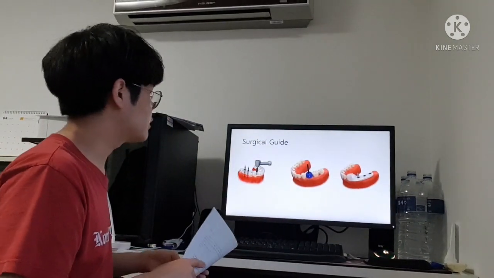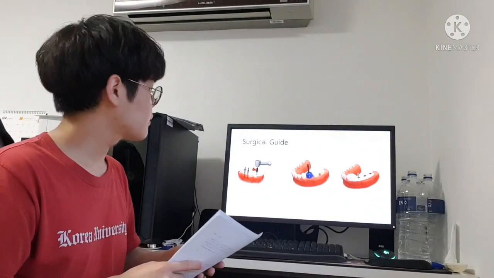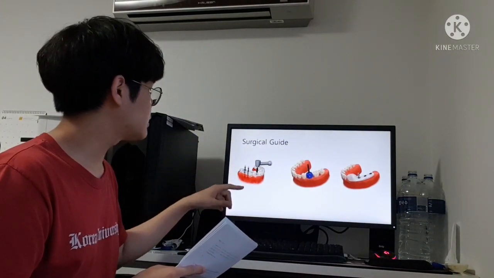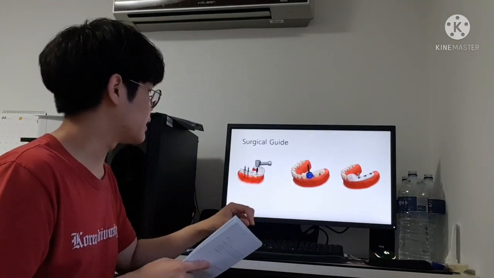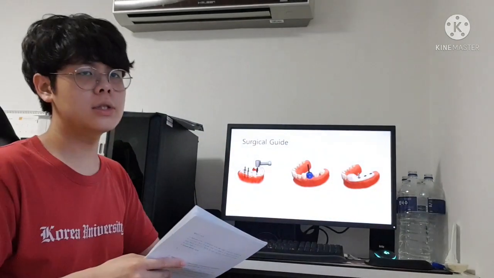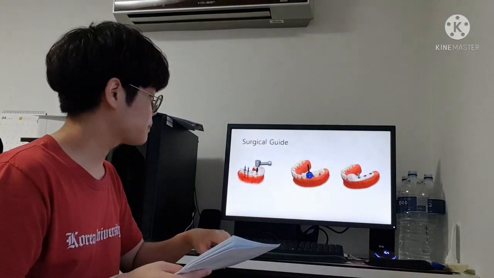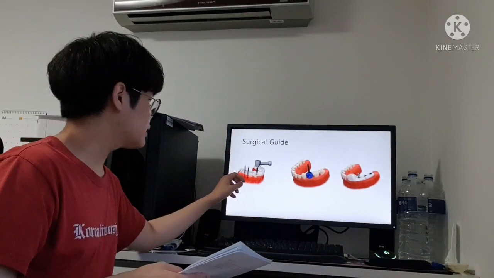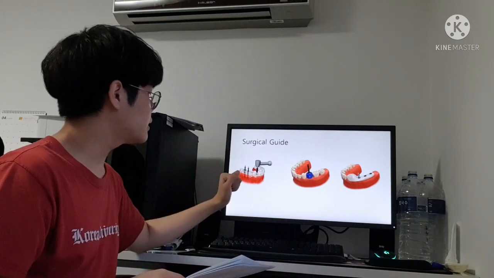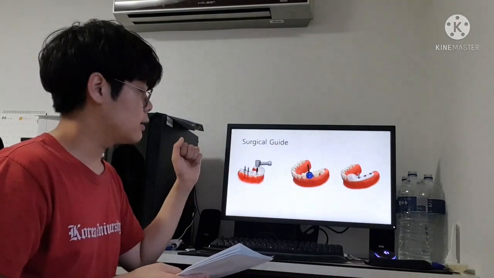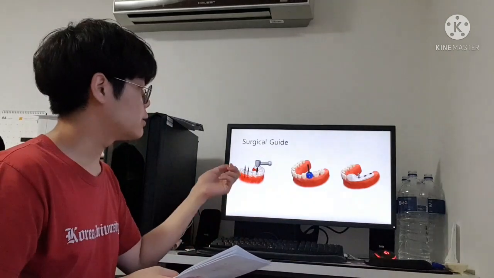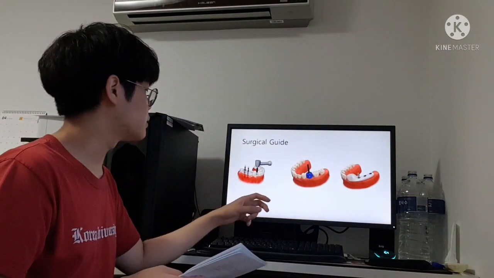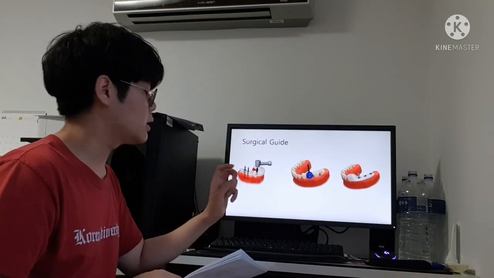The first thing is the surgical guide. This marks where we have to place the implant, but it doesn't only mark the place. As you can see, when we install the implant, it is important not only to choose the right place, but also the angle of the implant.